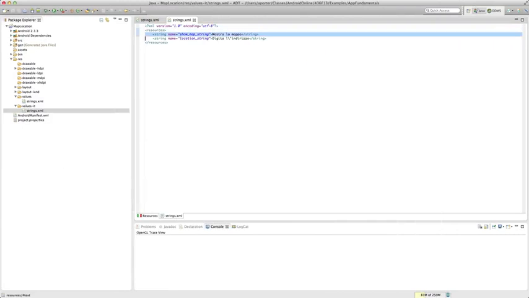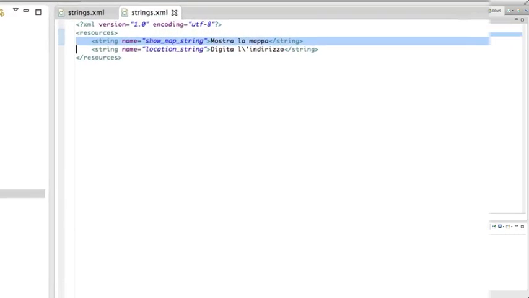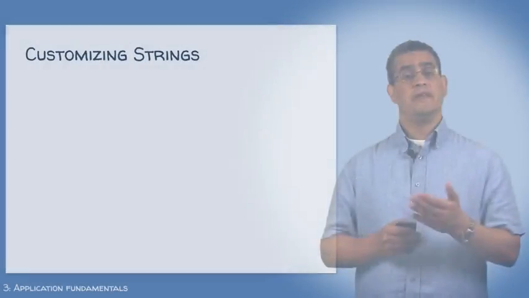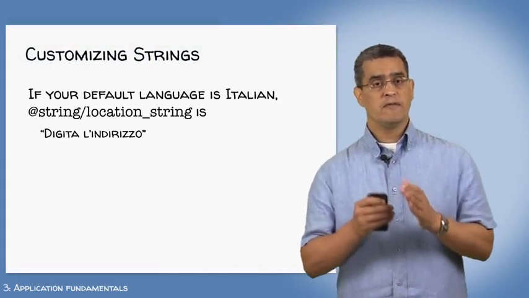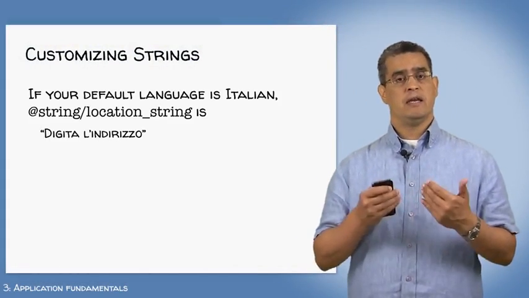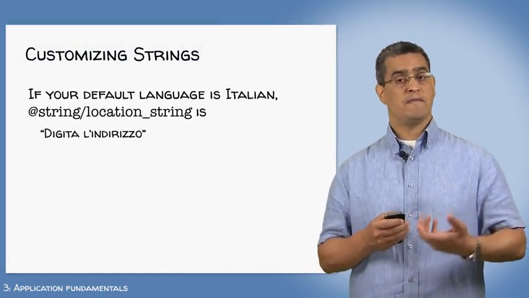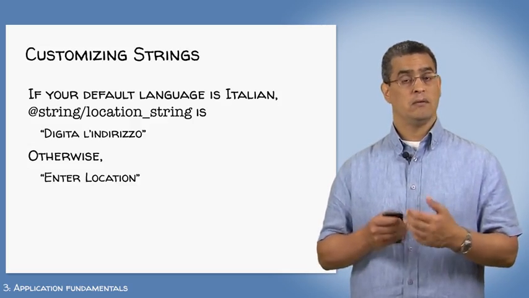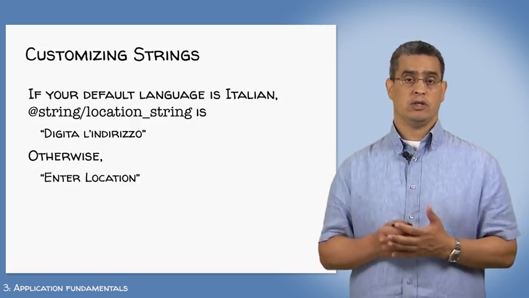Now if we look at that file, we'll see the same 2 strings, show_map_string and location_string, but this time their values are Italian words rather than English words. In the example I just showed, if your default language is Italian, then location_string will have the value digita l'indirizzo. Otherwise, it'll have the value enter location.